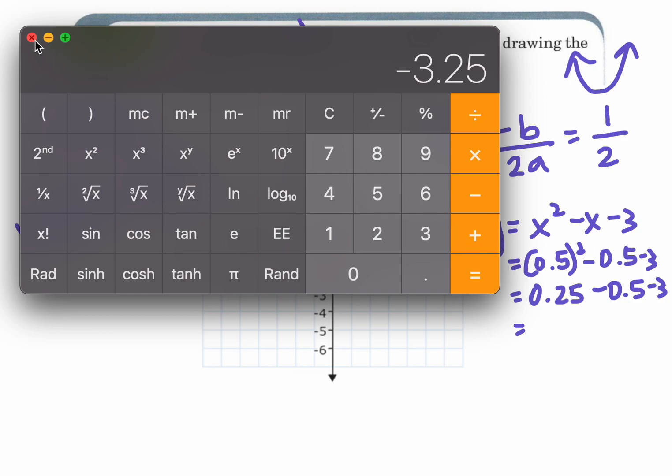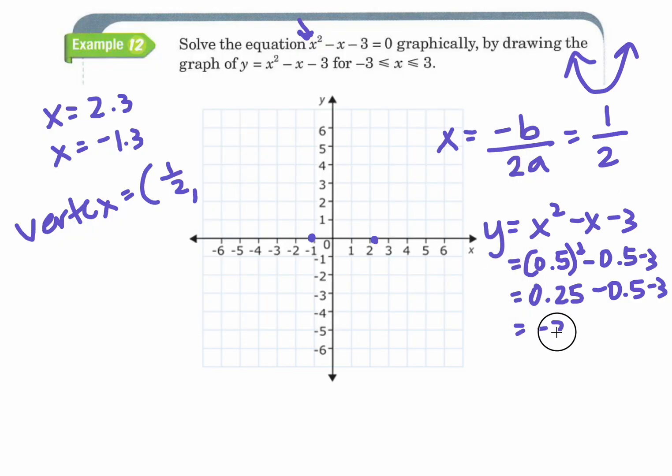So that means my y value is negative 3.25. Okay, so my vertex is at wherever 1/2 and negative 3.25 will meet up, which is right there. So then I can sketch my graph this way.